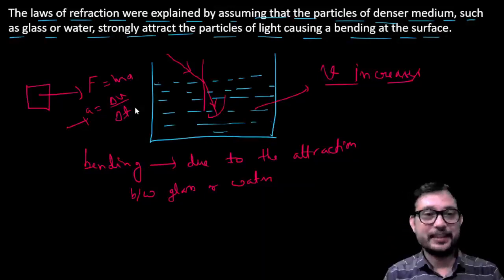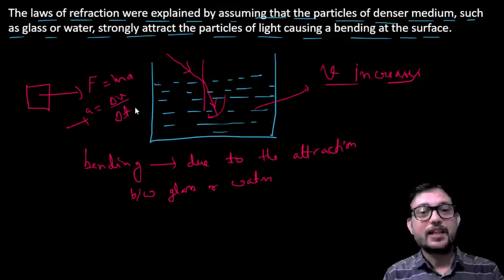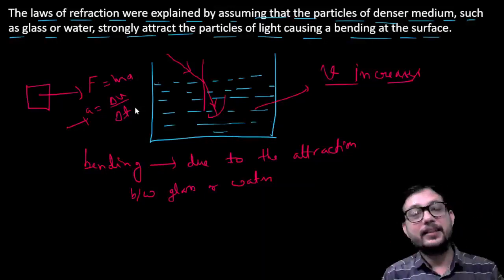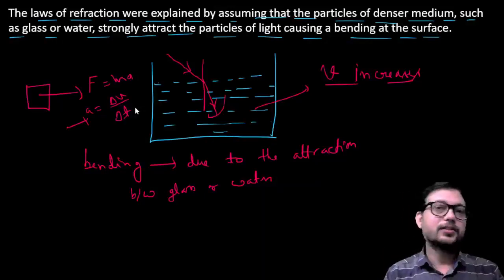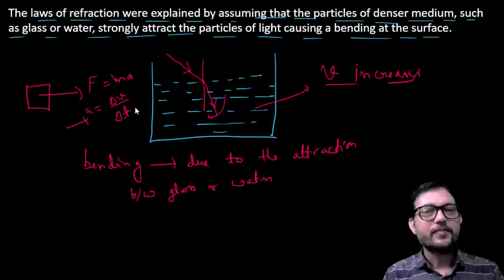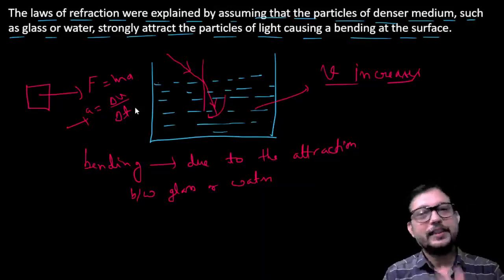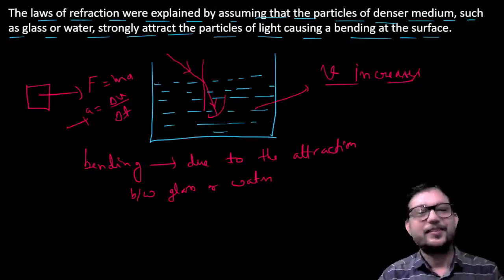If there is a strong force, then due to that strong force the velocity will be increasing. So we can simply say that in the denser medium the velocity increases. I hope that up to here everything is clear. Now what?